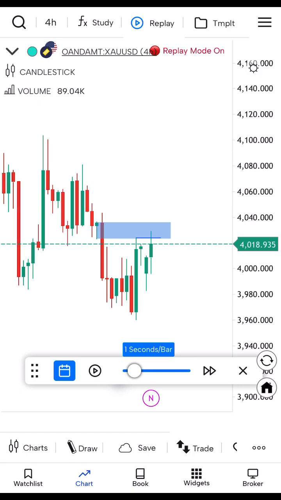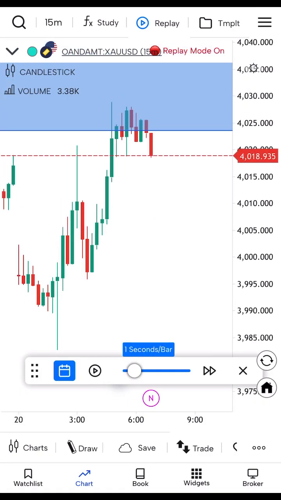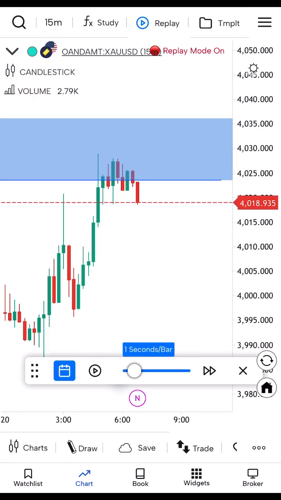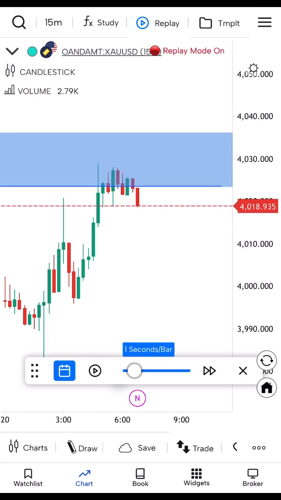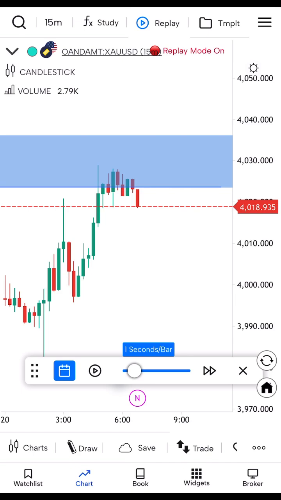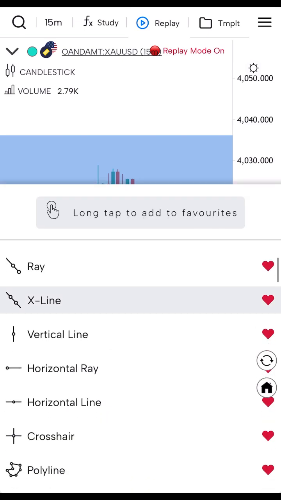So I'm going to go down to the 15-minute time frame. So now that we're on the 15-minute time frame, I'm already seeing my targets for sells.